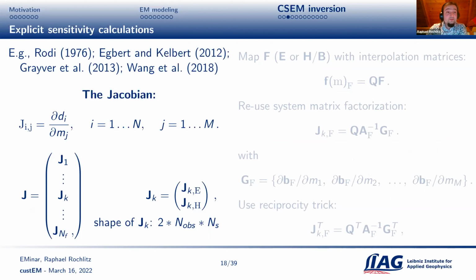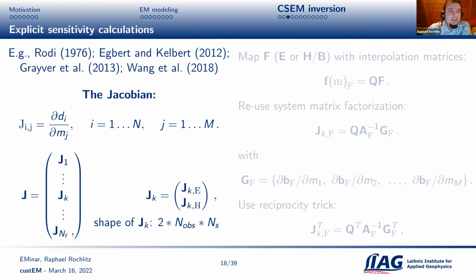And we decided to use the explicit sensitivity calculation procedure, as for instance published by Rodi, Egbert and Kelbert, Alexander Grayver, or Feiyan Wang. So we have a data Jacobian, and each entry of a data Jacobian is the derivative of each data point or each observation with respect to each model parameter, for n observations and m model parameters.